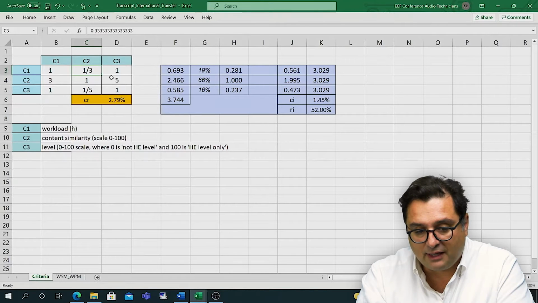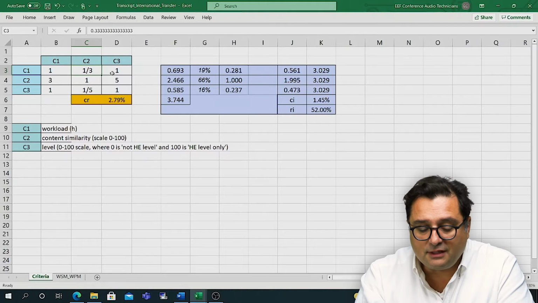As you can see, the values in the upper triangle here, 1/3, 1, and 5, have the reverse values in the lower triangle. Therefore, if C1 is 1/3 of C2, then C2 is 3 times C1. And if C1 is equal to C3, then C3 equals C1.